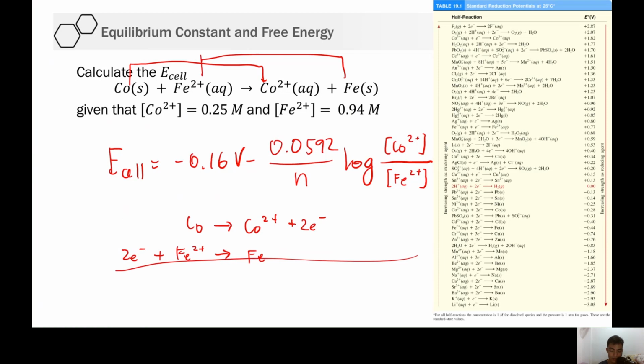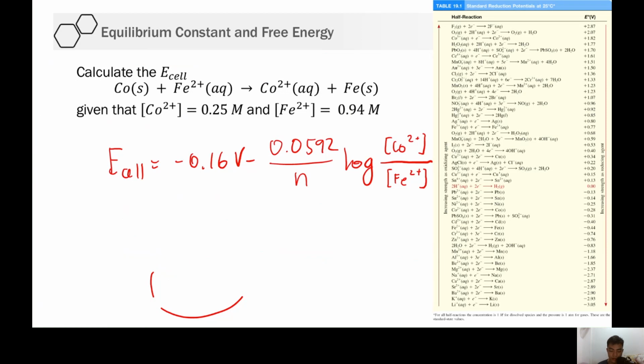Combining them, you can see that the moles of electrons is 2. We have 2 electrons here, 2 electrons there, so we're going to use 2. That's how you get the givens from the equation. So this N is now 2.